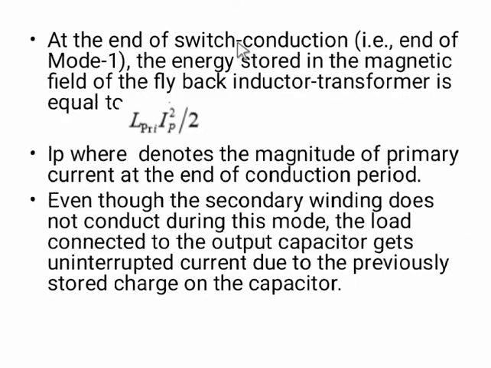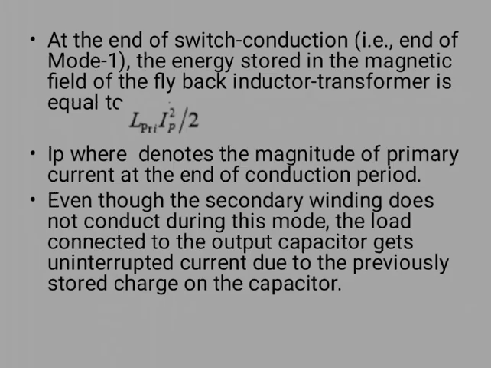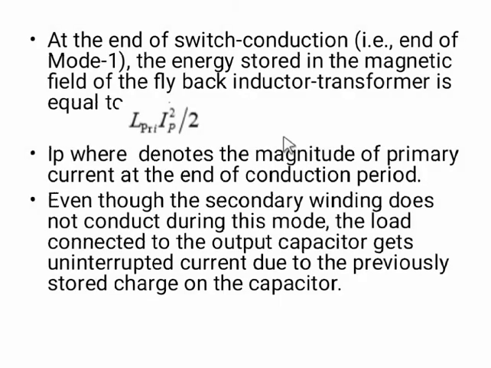At the end of the switch conduction, that means at the end of mode 1, the energy stored in the magnetic field of the flyback transformer is equal to 1/2 L primary I primary squared. IP denotes the magnitude of the primary current at the end of the conduction period.